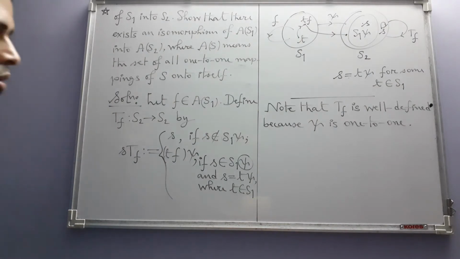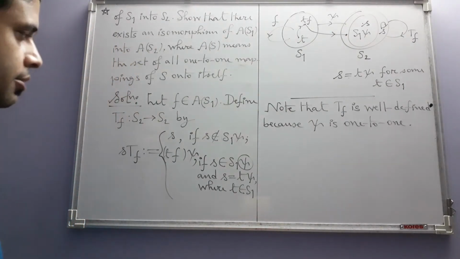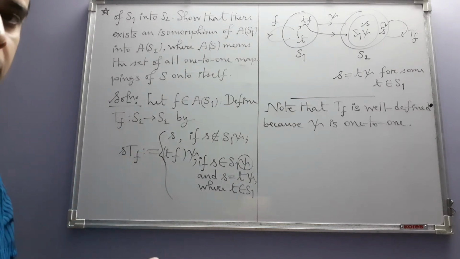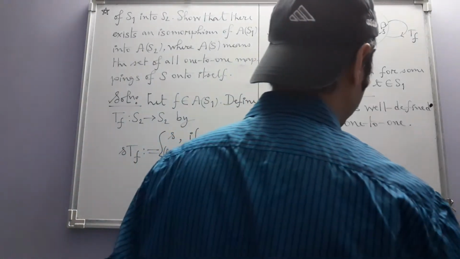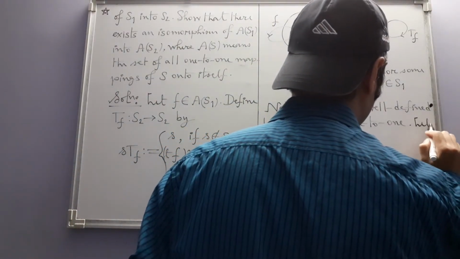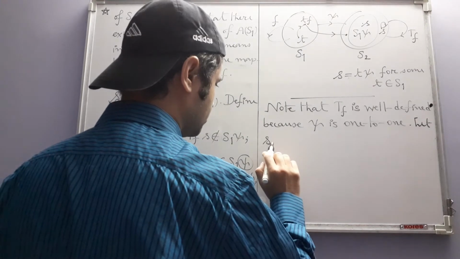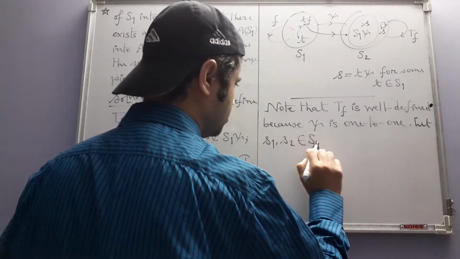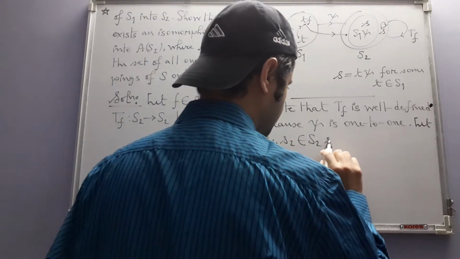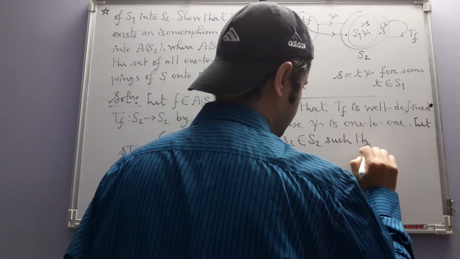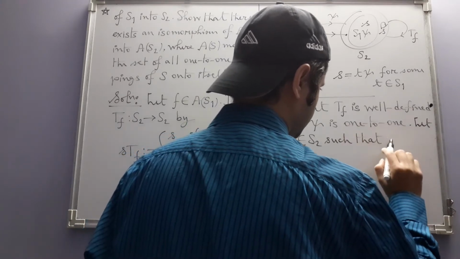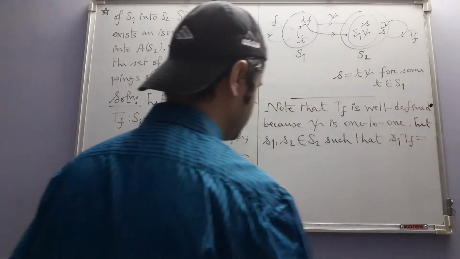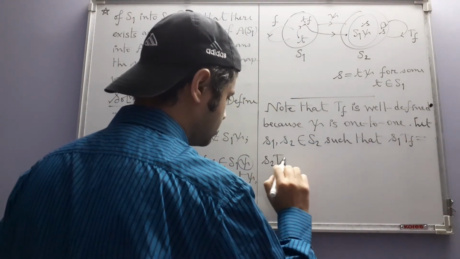Now our next aim is to show that this map TF is in fact itself 1 to 1. It's an injective map. So for that, let S1 and S2 be two elements in S2 such that S1 TF is equal to S2 TF.